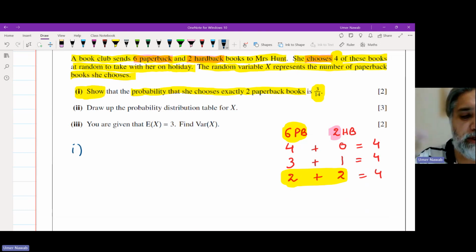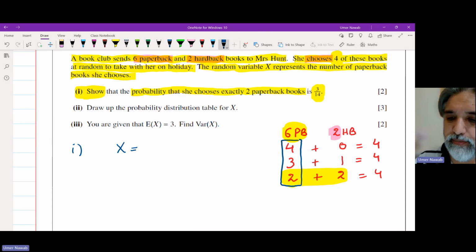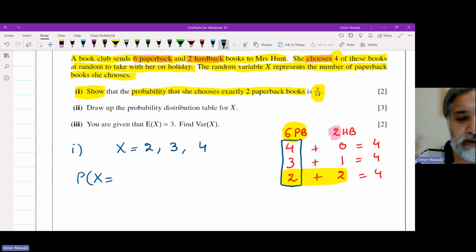So how to get this probability, boys? Your random variable is basically representing the number of paperback books. They may be 2, 3, and 4. In this case, the examiner is asking what is the probability of x equal to 2 if she picks two paperback books.